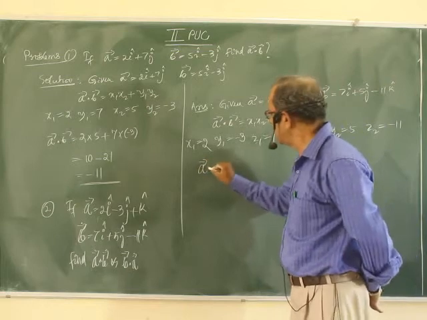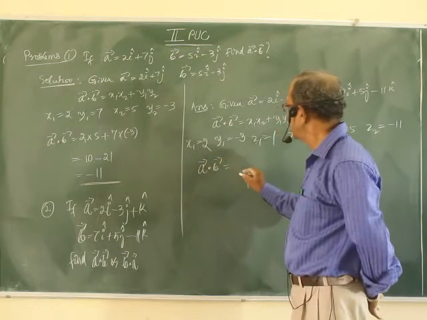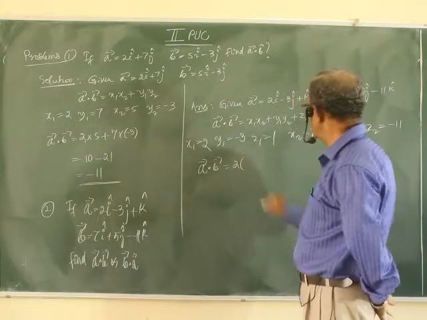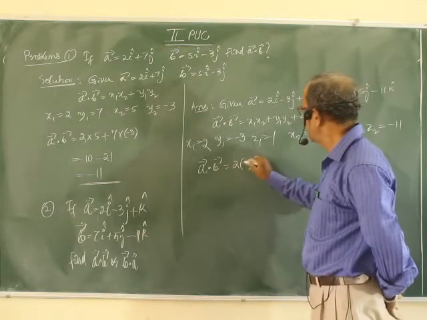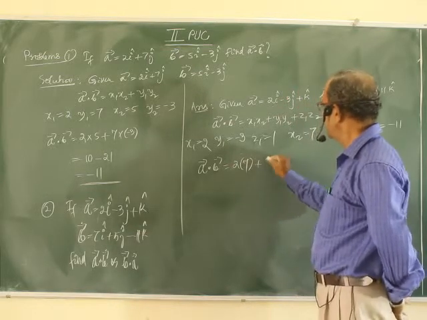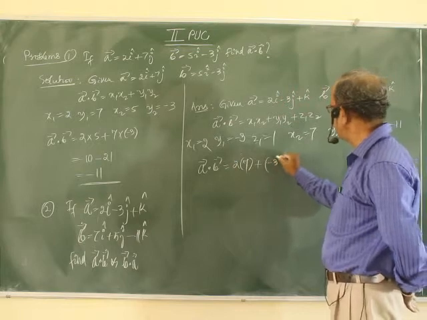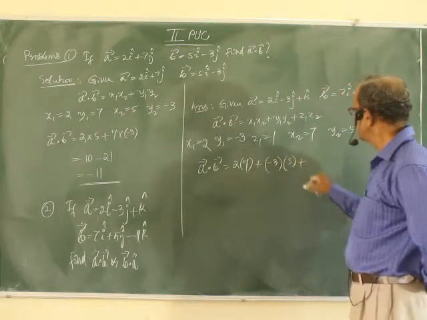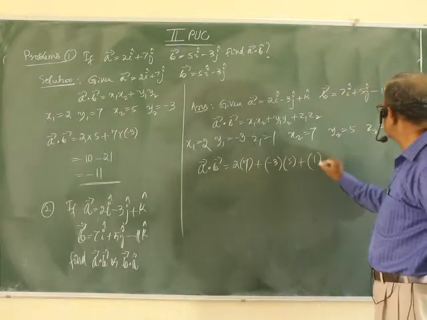A dot B is x1 into x2, y1 into y2, z1 into z2.